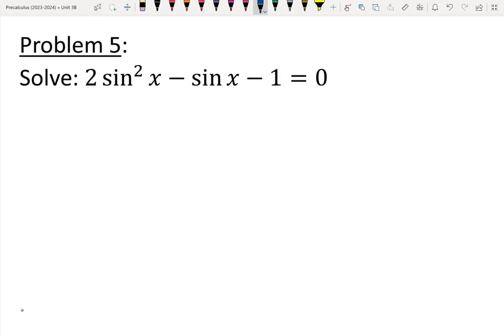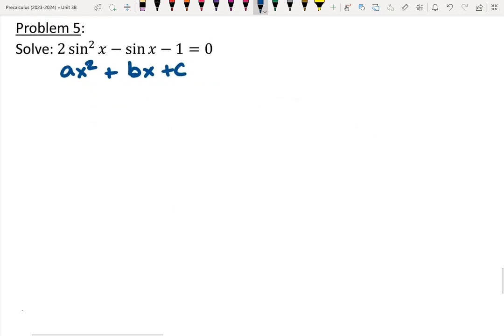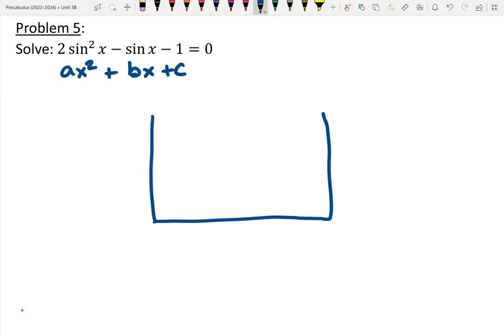So this is actually in what we call our quadratic form, where we have ax squared plus bx plus c. And we have to factor it accordingly. Now, at the beginning of the year, we saw that there are multiple ways of factoring this, depending on who you had last year as a teacher. I'm going to go ahead and just show the box factoring way.